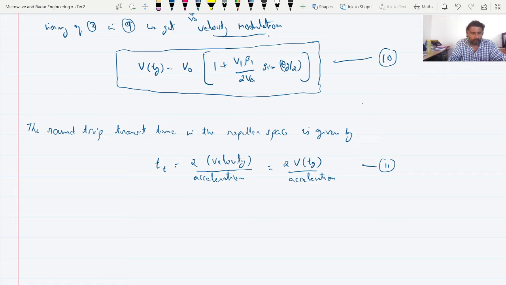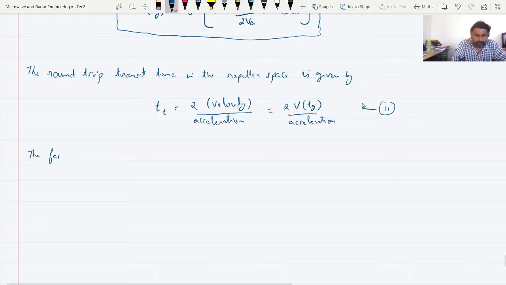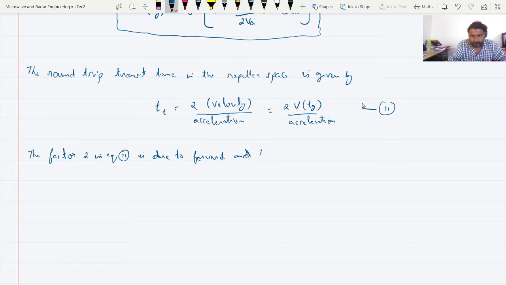So the factor 2 in equation 11 is due to the forward and backward journey of the electron.